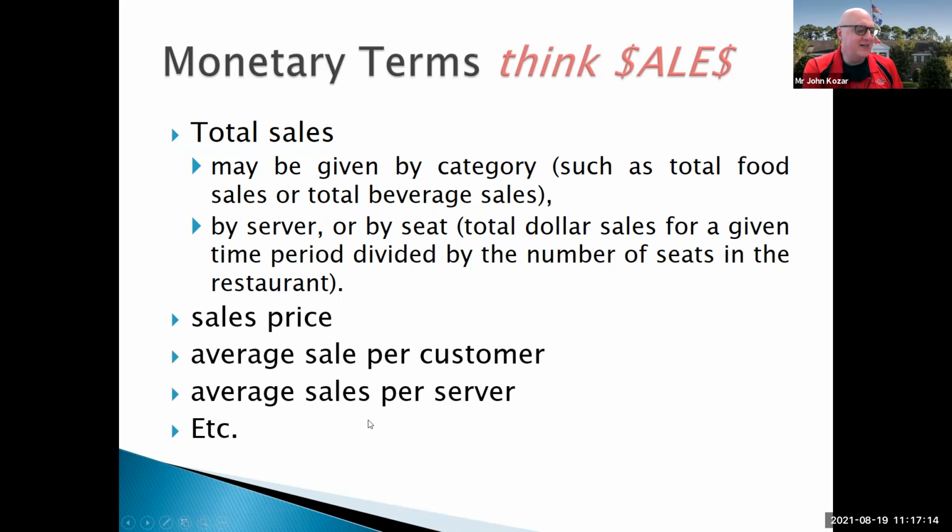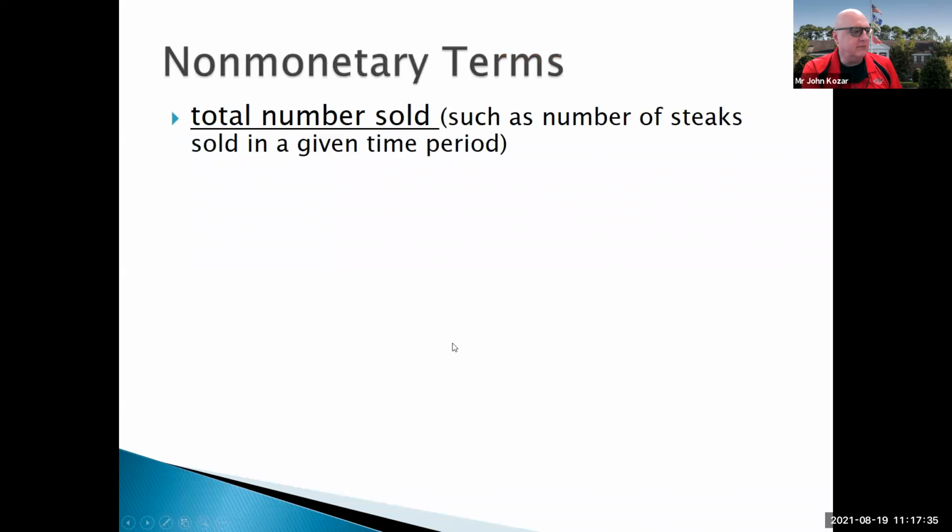We look at things like the sales price, which is menu price, and the average sale per customer. That's going to be very important in the next chapter. Average sales per server. We can do all sorts of calculations that will tell us different things about how our business is going. Non-monetary terms are usually a count.